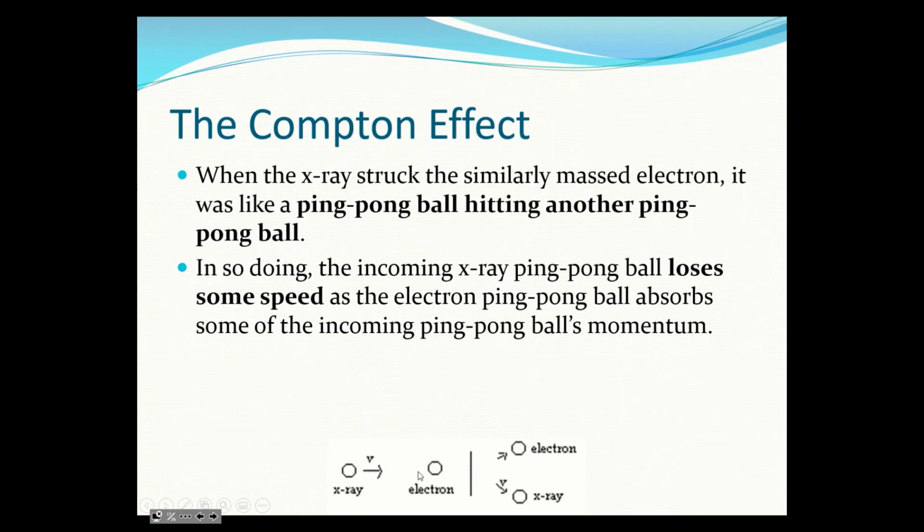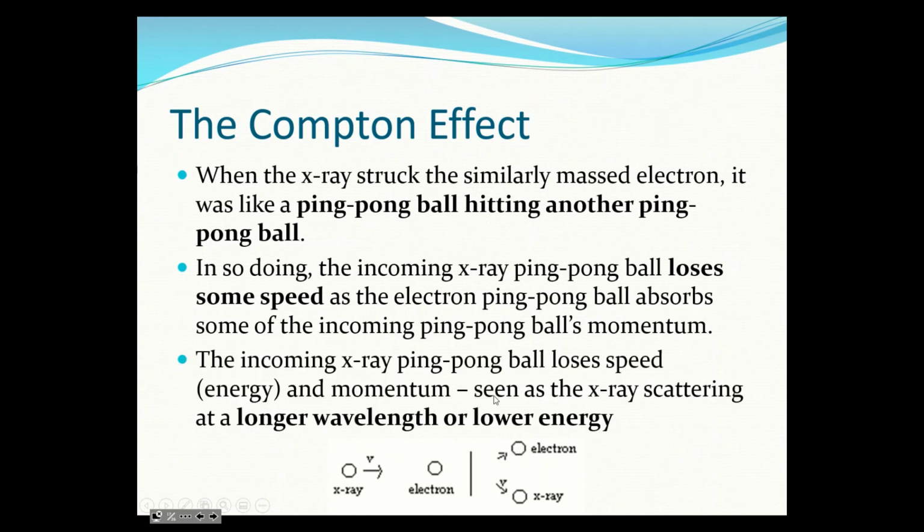So the law of conservation of energy says that the X-ray must lose some of its energy. Same thing with momentum, right? This X-ray has all the momentum to start, so it's going to lose some of the momentum when the electron gains momentum. So the incoming ping pong ball loses speed and momentum, as seen in the X-ray scattering with longer wavelength and lower energy. So that's why they get that longer wavelength coming off.